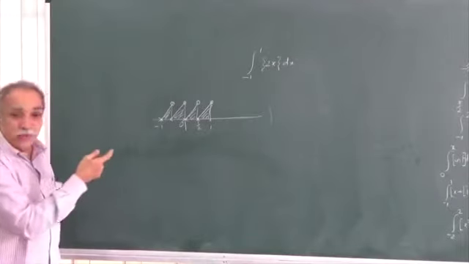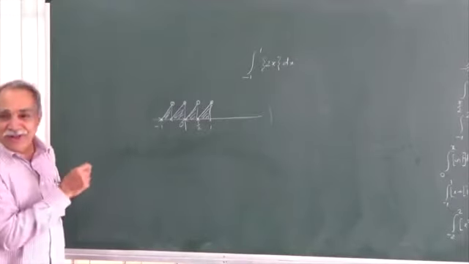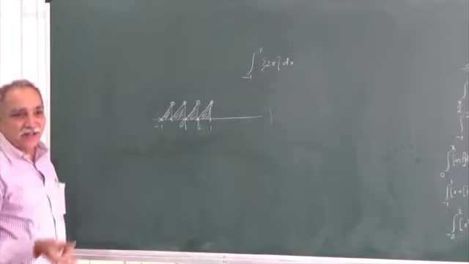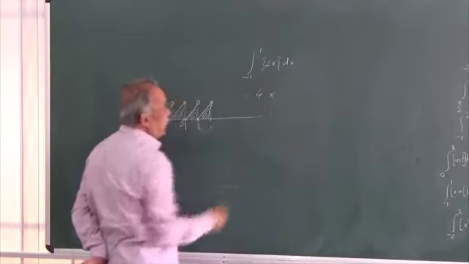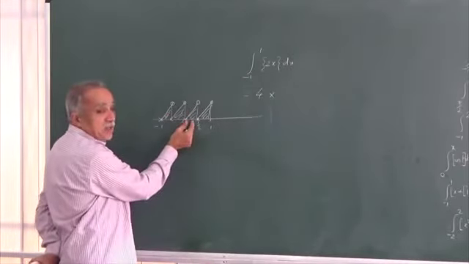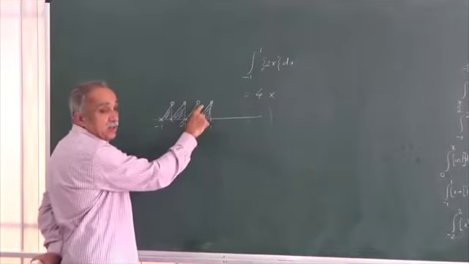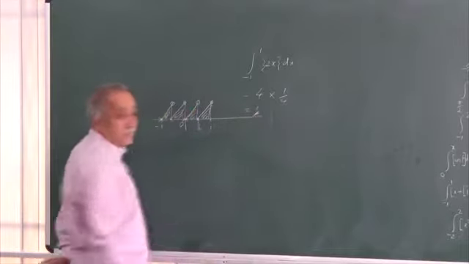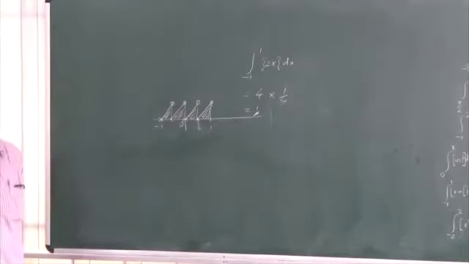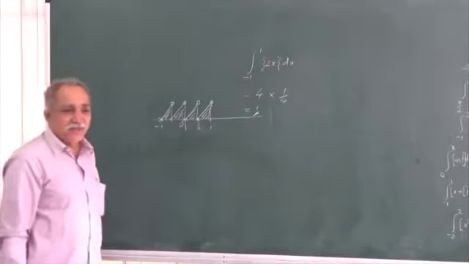In my graph you do not see, because the graph has not been drawn properly according to scale, but actually all the triangles are of the same area. So, what will be the total area? 4 times, choose any one of the triangles, say this triangle, base is half, height is 1, area is 1 by 4. Agreed? One of the shortest methods.